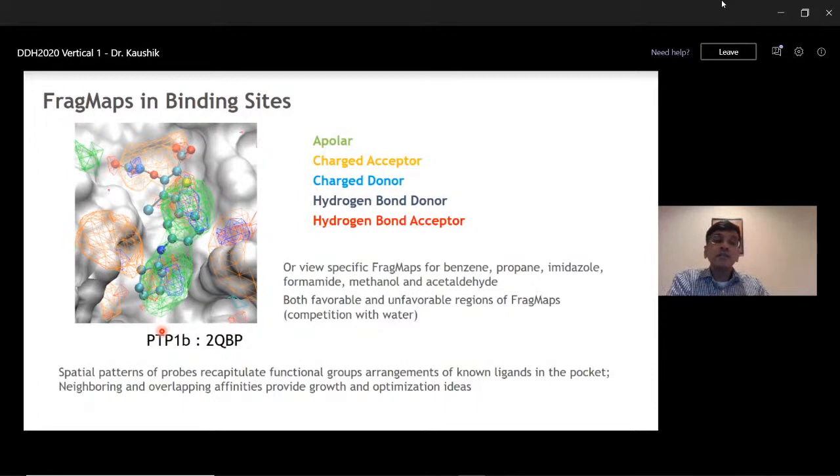And you can then think of optimization strategies where, for instance, you can start growing out of this phenyl ring, reaching out, you can grow out another functional group from here to reach into this site that has been marked by the negatively charged frag maps, right?